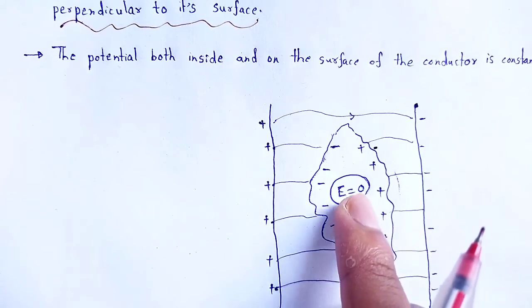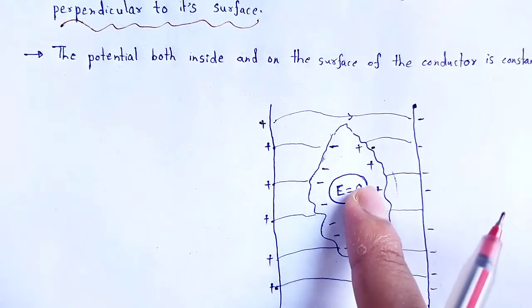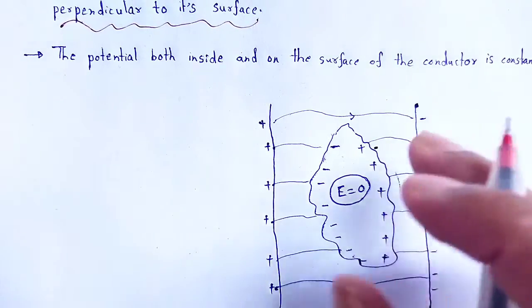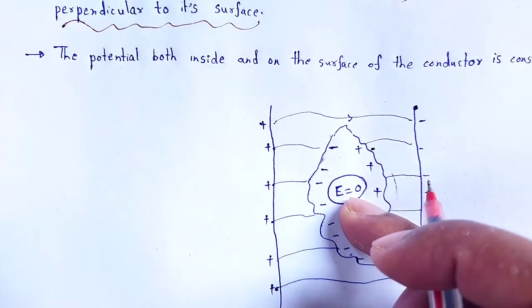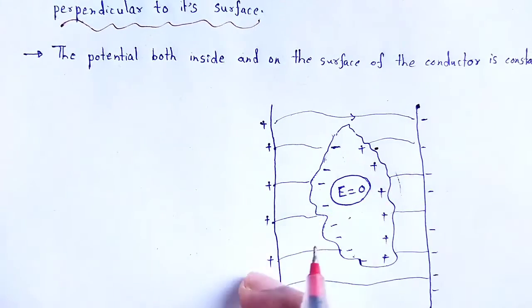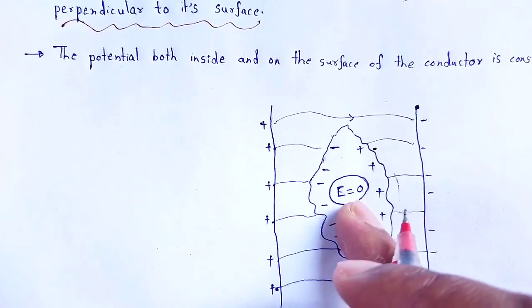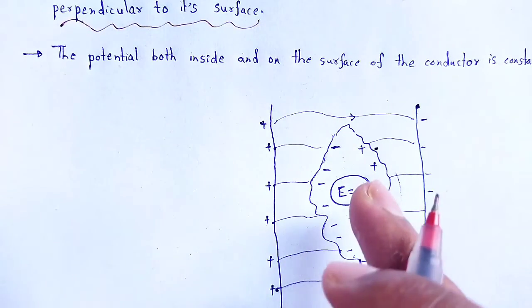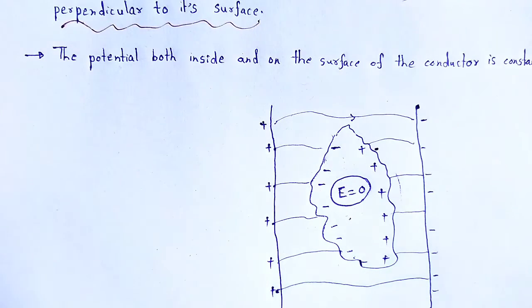Let me consider a Gaussian surface inside the conductor, as close as possible to the surface of the conductor. The electric field intensity will be 0 everywhere inside the conductor, so it must be 0 at every point on the Gaussian surface.